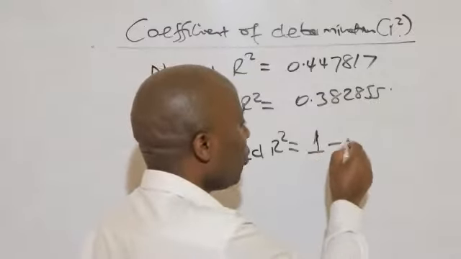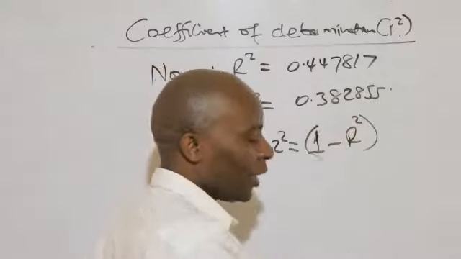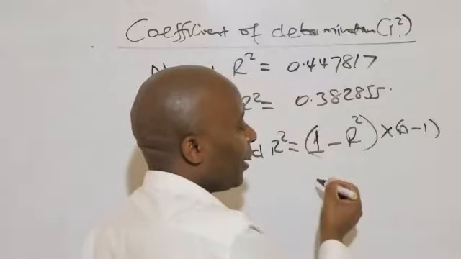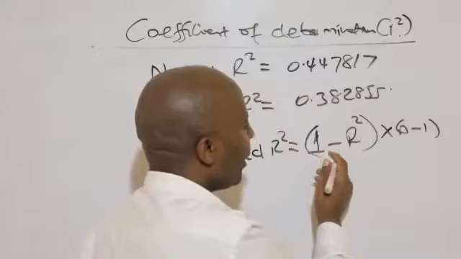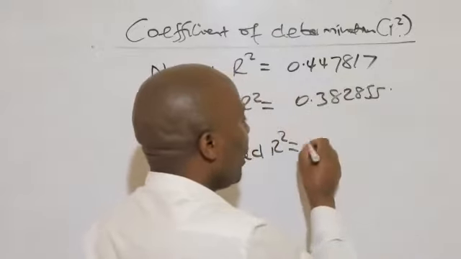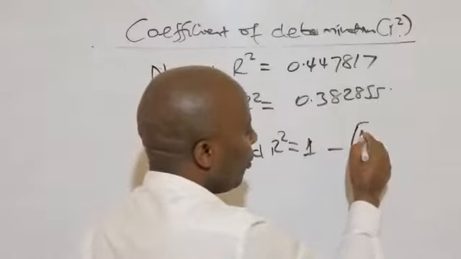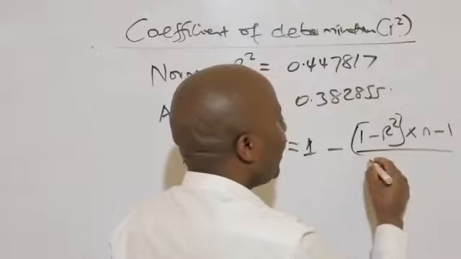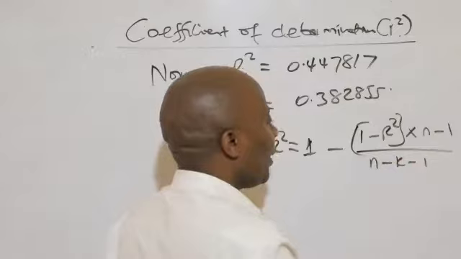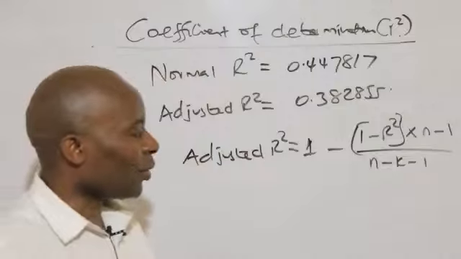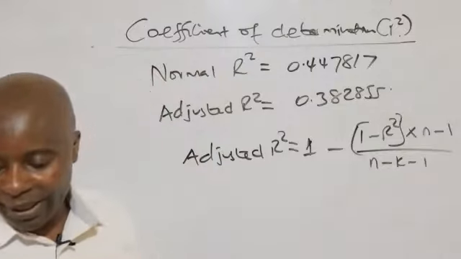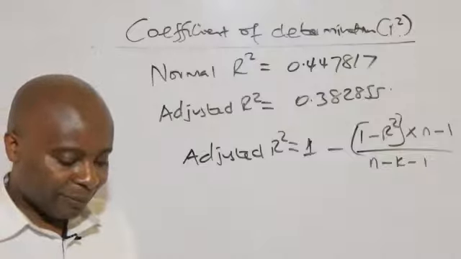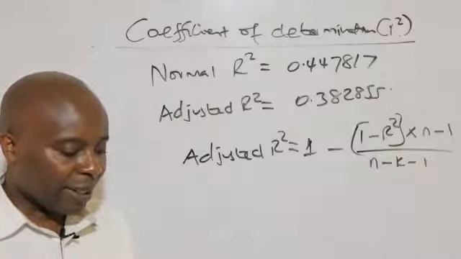I'll come on top with 1 minus the normal R squared, then multiply this with n minus 1. And then we have n minus k minus 1. N minus k minus what here? Minus 1. N minus k minus 1.